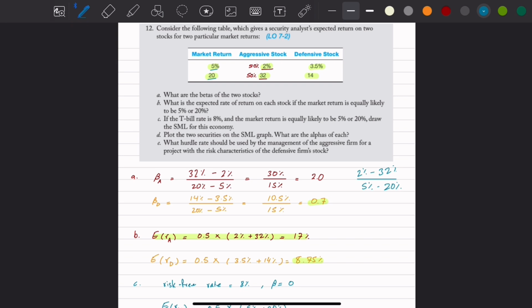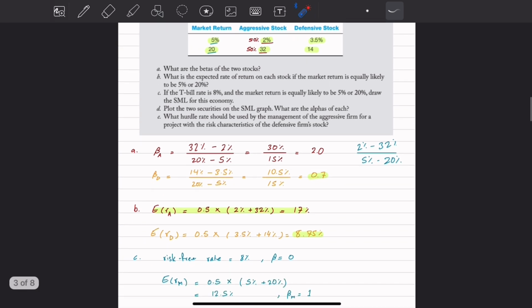That would still give you the same answer. It will be negative 30% divided by negative 15%, and in the end, the beta is going to be the same too, right?